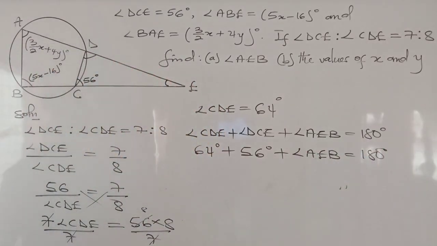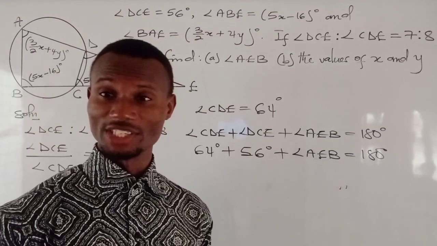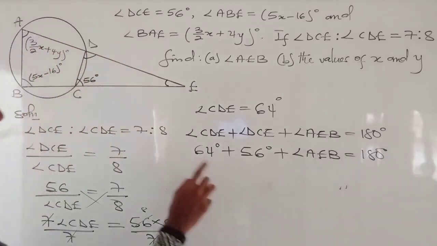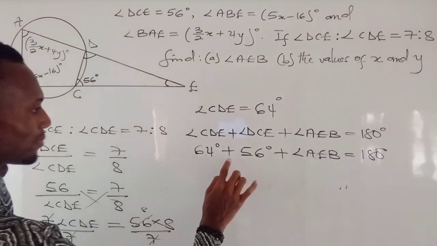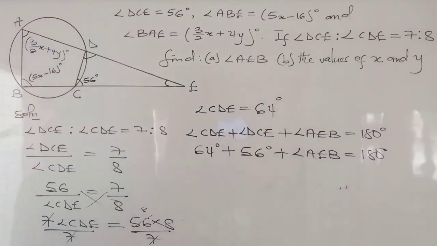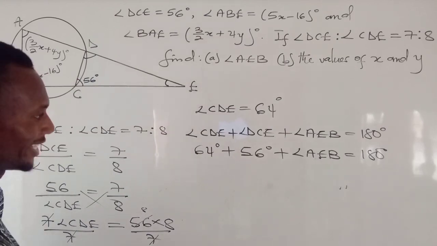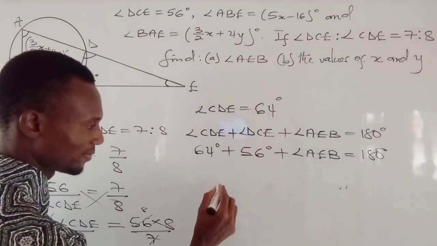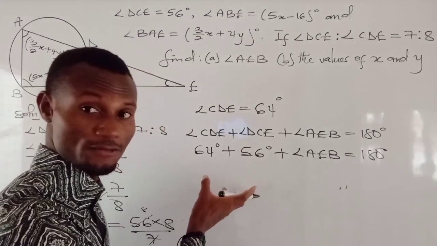I hope you understand up to this point. So now this is just a linear equation to solve. Let's simplify this: 64 degrees plus 56 degrees gives 120 degrees, and I hope you agree with me. You can do your addition to confirm.